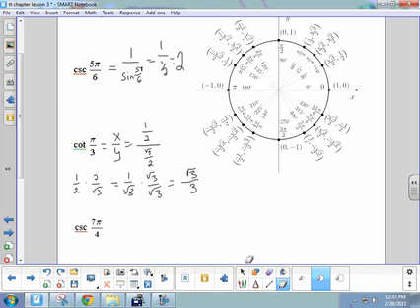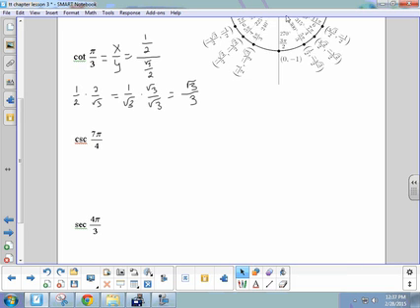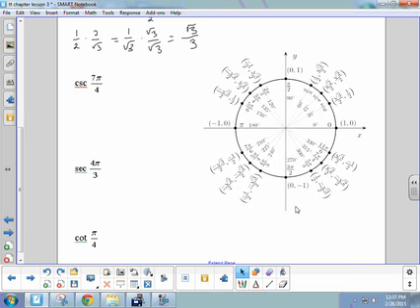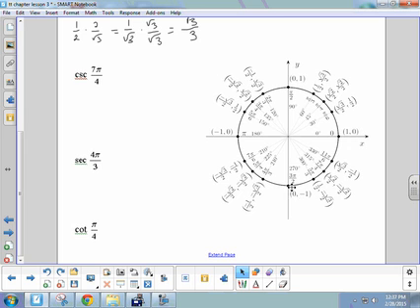Let's do a few more. Again, want to keep that unit circle handy. Cosecant is going to be 1 over sine. So I need to figure out what the sine of 7 pi over 4 is. So find 7 pi over 4 on your unit circle.